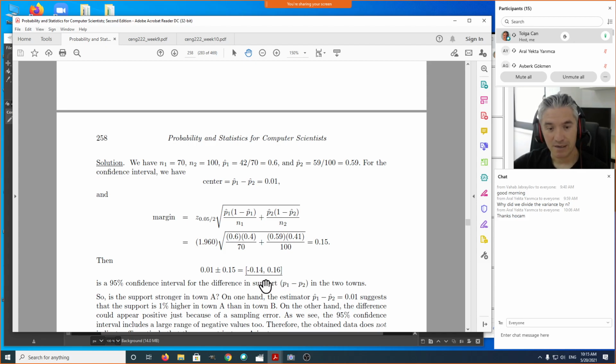So we may not claim that it has higher support. This 0.6 being larger than 0.59, with 95% confidence, we cannot for sure say that the support in town A is larger than the support in town B. We don't have significant evidence to show that, basically.